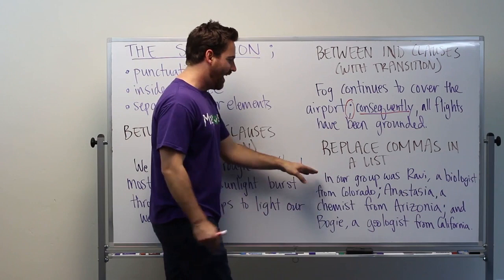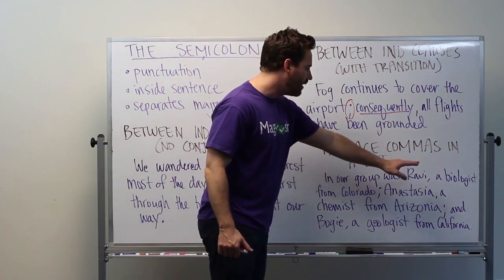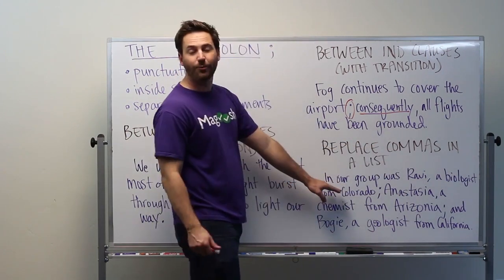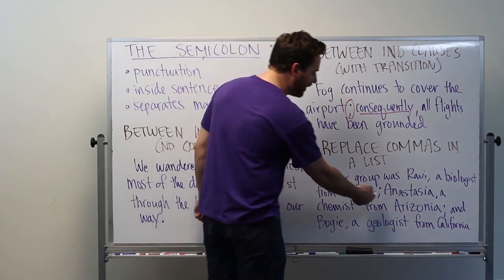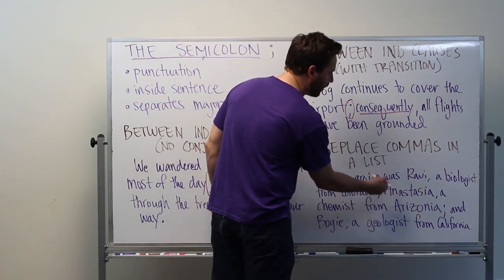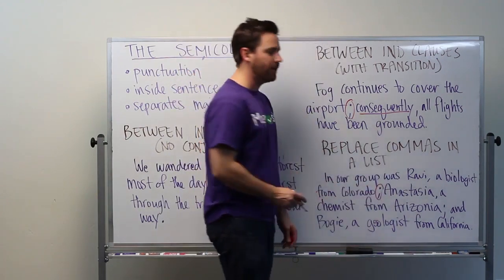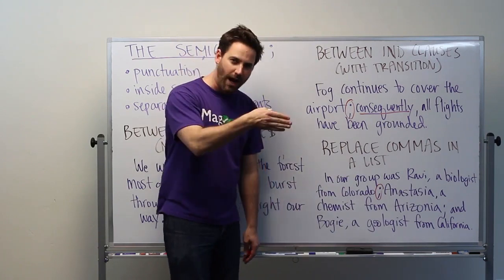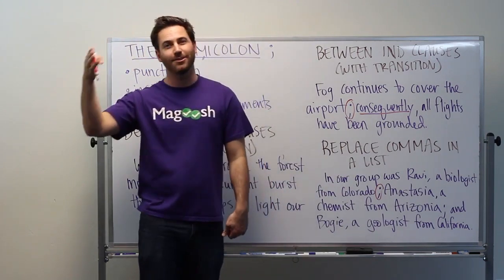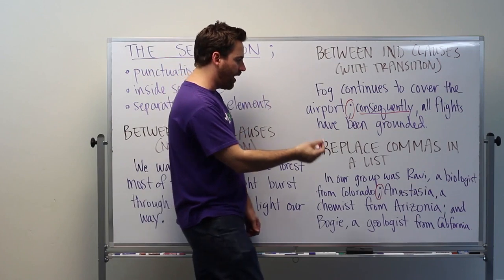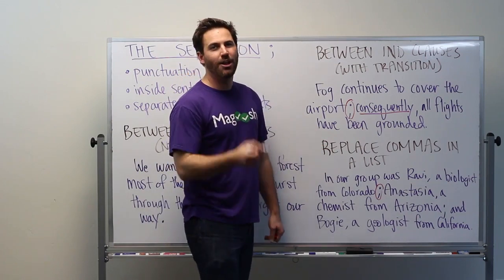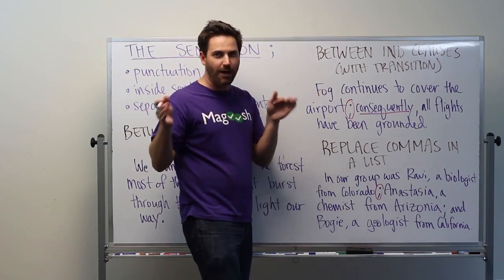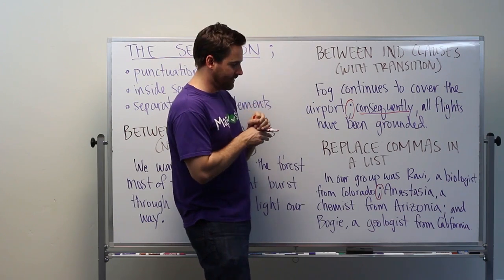It'll make more sense. In our group was Ravi, a biologist from Colorado; and then instead of putting a comma here, we're using a semicolon to show that one item has been listed and now we're moving on to the next item. Otherwise, it might be unclear where the division of items exists in the sentence.